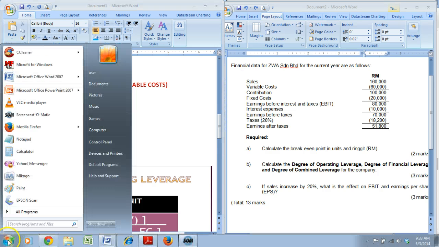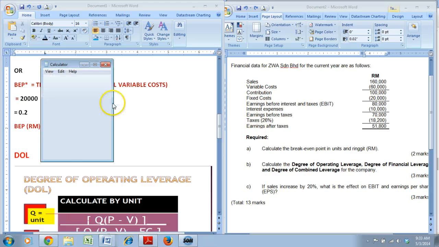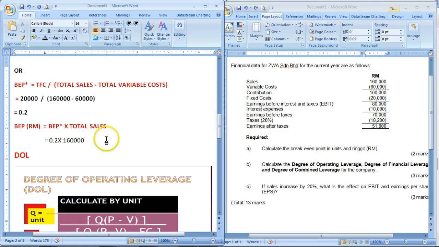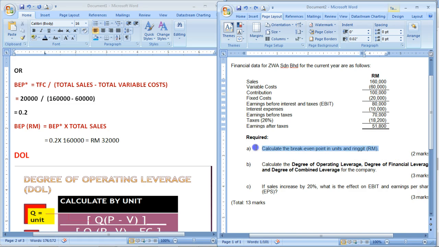So can I know what is the answer, class? 0.2 times 160,000 is 32,000. Great. This is RM 32,000. That's it, we have answered question A.